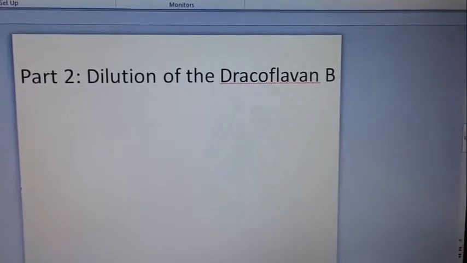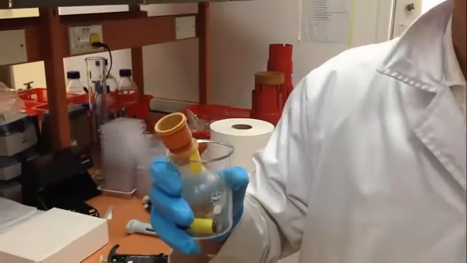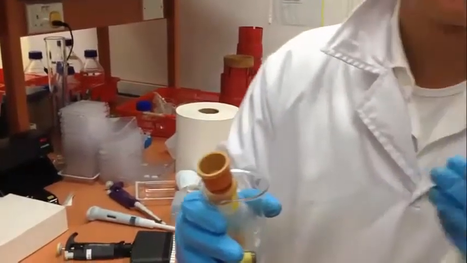Part 2 of the presentation, serial dilution of the Dracoflavan B. Okay, the next stage of our experiment is to dilute our Dracoflavan B inhibitors. We will dilute this sample 10 times.